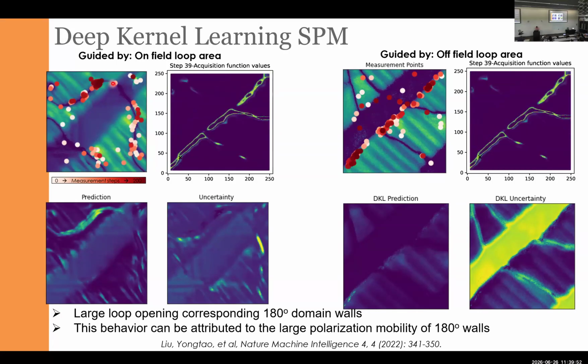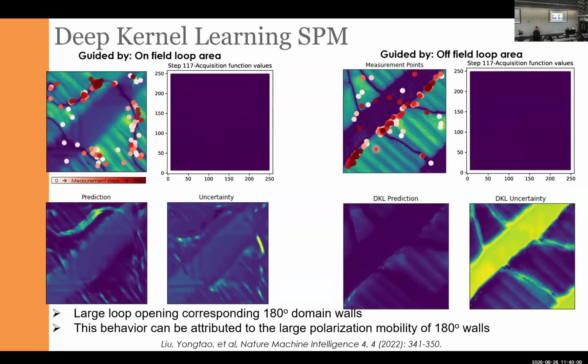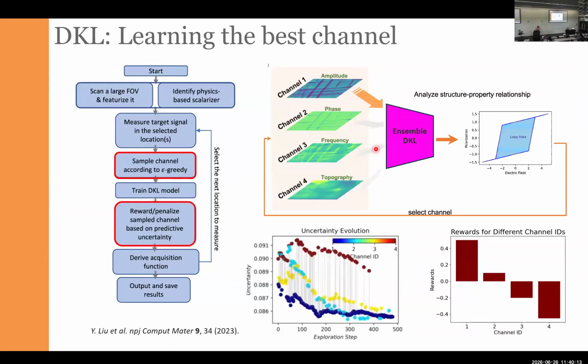So this is the case where we discover the areas where the hysteresis loops open up. Under some conditions, for one scalarizer, we find the ferroelectric wall. For other conditions, we discover the ferroelastic wall. But if the rewards are more complex, then algorithms start to work weird.